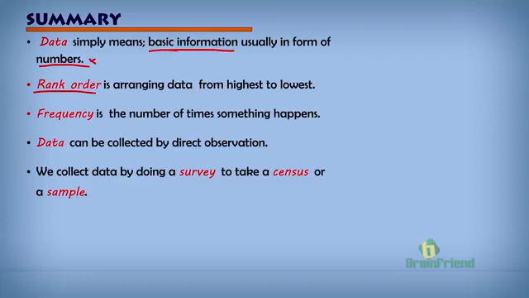We learned that frequency is the number of times something happens, the number of times a particular record in our data is recorded. Data, we said, can be collected by direct observation. And we also learned that we collect data by doing a survey, and we said a survey is either a census or a sample.